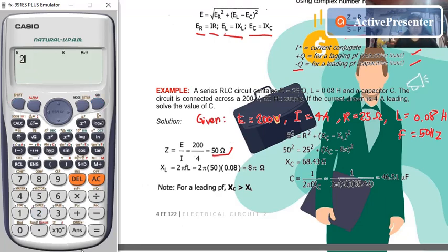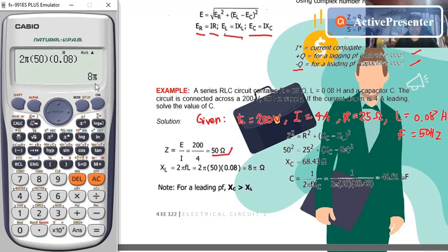Since L, the inductor, is given, we can solve for XL. So 2 pi times F of 50 times L of 0.08. Our XL will be 25.13 or 8 pi ohm.